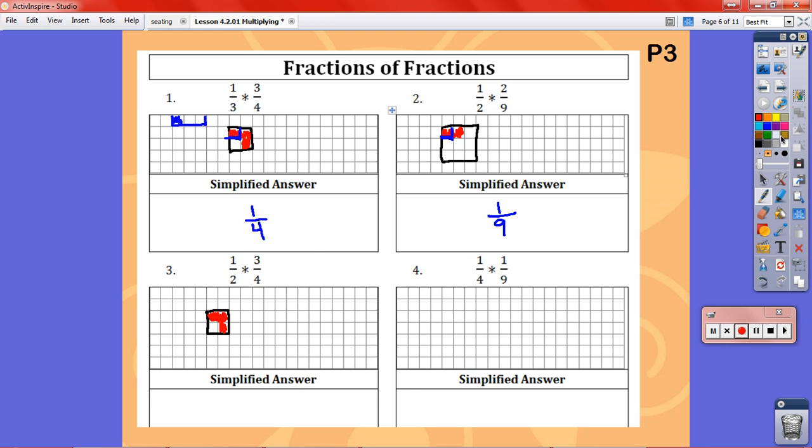And the problem is that 3 doesn't split in half evenly. So if we split it in half, it'd be something like this. 1.5 out of 4. But we don't do decimals on top of fractions, so we need to find another way to write this.